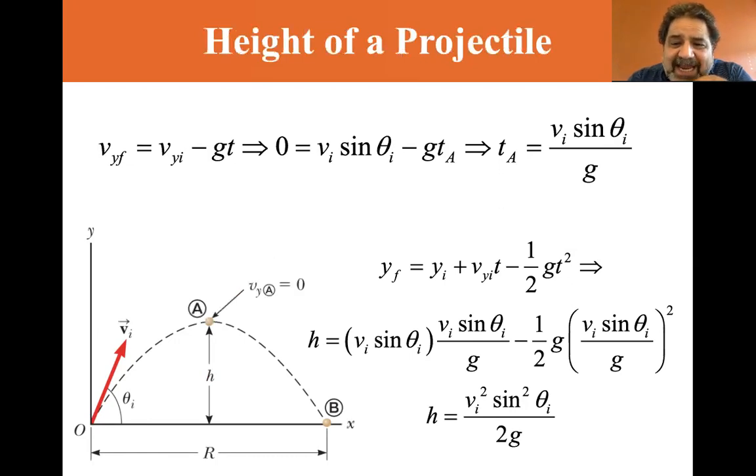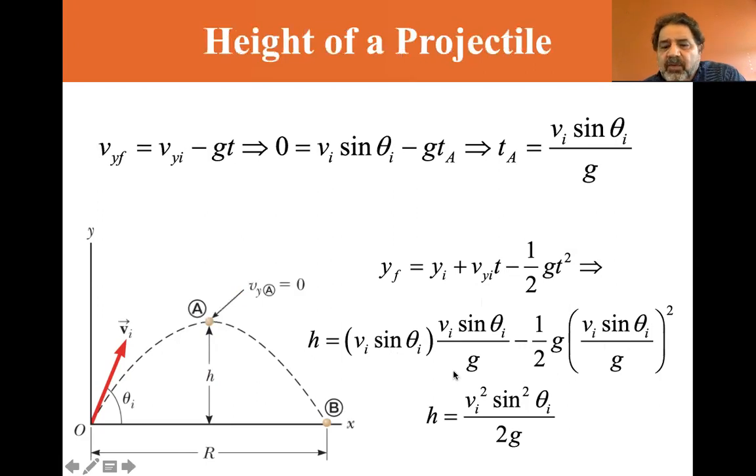Well, that's the TA. I hope you can see the cursor here. The VyT, that's this here. But instead of the T, we have the TA, which is Vi sine theta over G. Minus the 1/2 GT squared, well, we're doing the same thing. For the T, we're putting in the TA, the Vi sine theta over G squared.